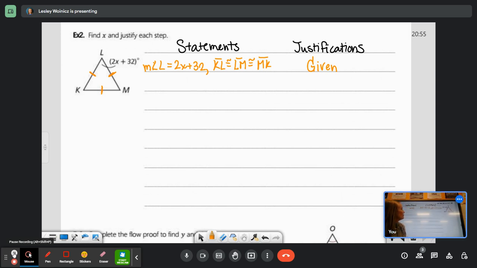I know what else we know. If all of these segments are congruent, then we can say that triangle KLM is equilateral. And that is because of the definition of equilateral.